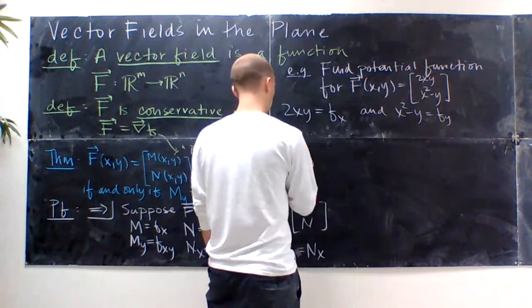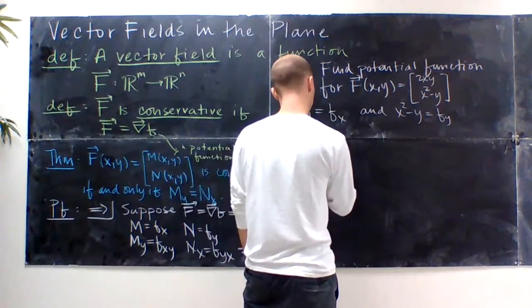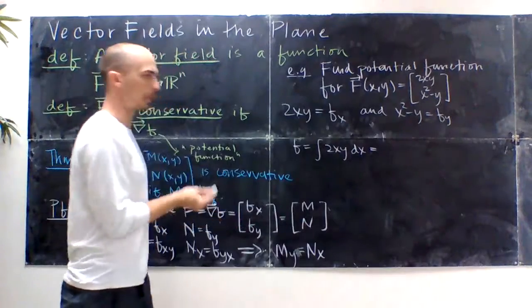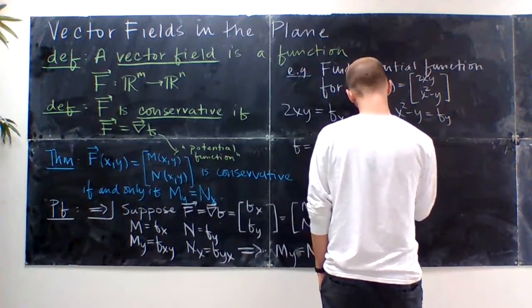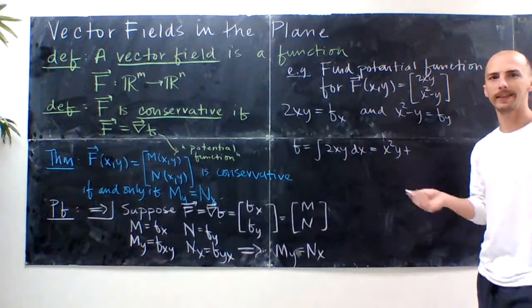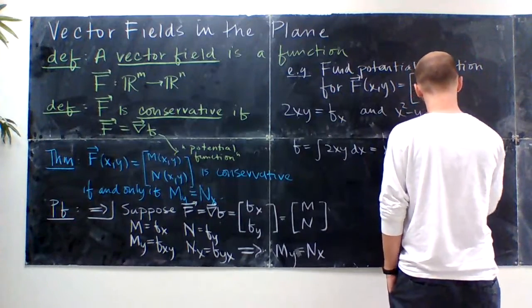So in one sense, f is equal to the antiderivative of 2xy with respect to x, which is going to be x squared y plus any sort of function of y, anything that's constant with respect to x. I'll call it h of y.